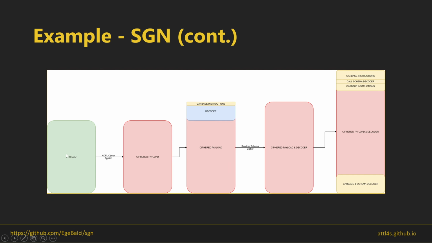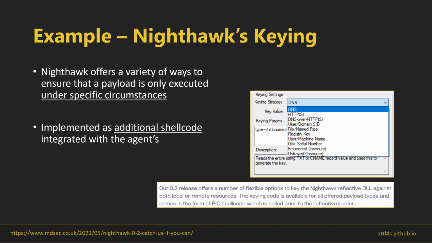As you can see, the payload is encoded. There's a decoder stub with some garbage, which is once again encoded, and then we have some garbage, a caller to the decoder, which is here below, and some garbage. So it's more obfuscated than the Metasploit ones.